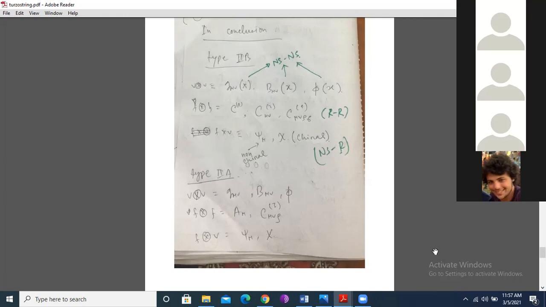So when compactifying on S5, we had N equals 4 super Yang-Mills in 4 dimensions. But the problem is that we still have supersymmetry.